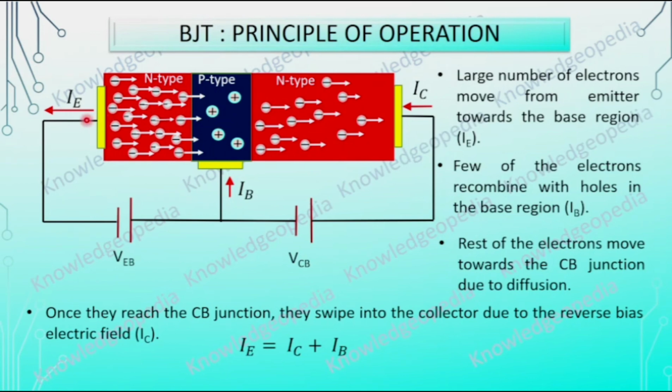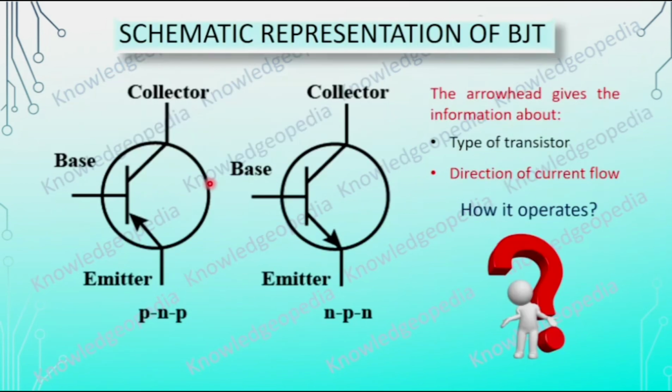So let us see whether the schematic diagram we saw in the beginning is going according to this operation or not. This is the schematic representation of BJT, for PNP and NPN. We have already seen that in a PNP transistor, the current is flowing from emitter towards base.